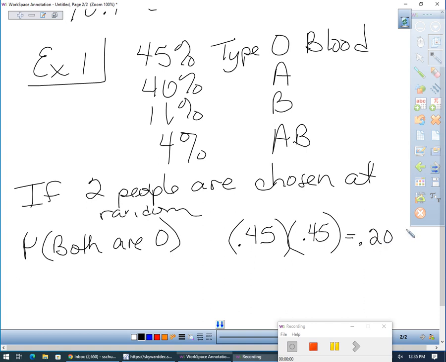0.2025? All right. What if I said that out of the 2 we're choosing, the probability that neither is A?